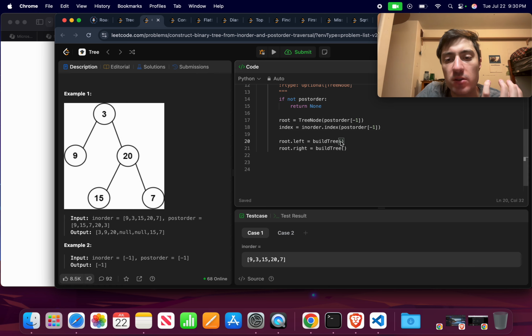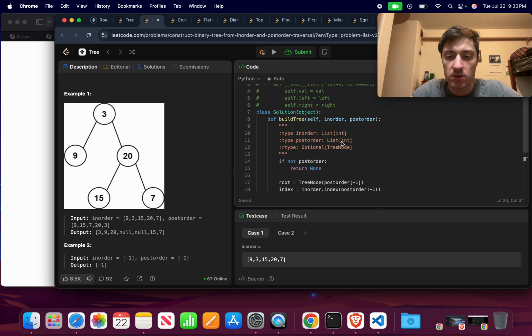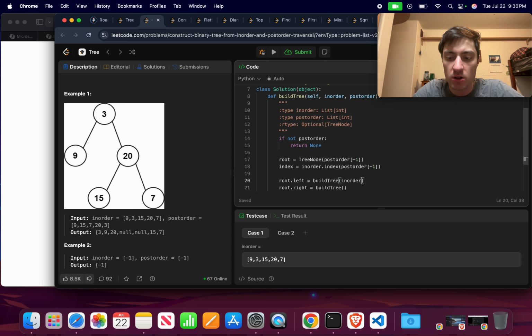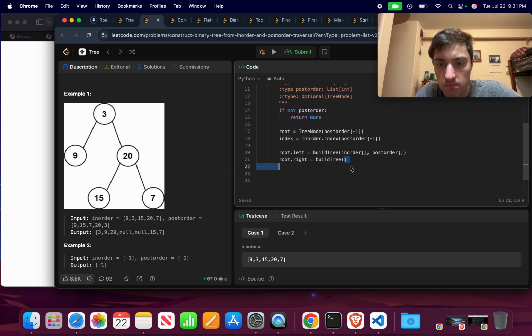And I know that I need to do that to build my, okay, so in order, indexed at something, and then post order, indexed at something. My left. What is my left? Here.